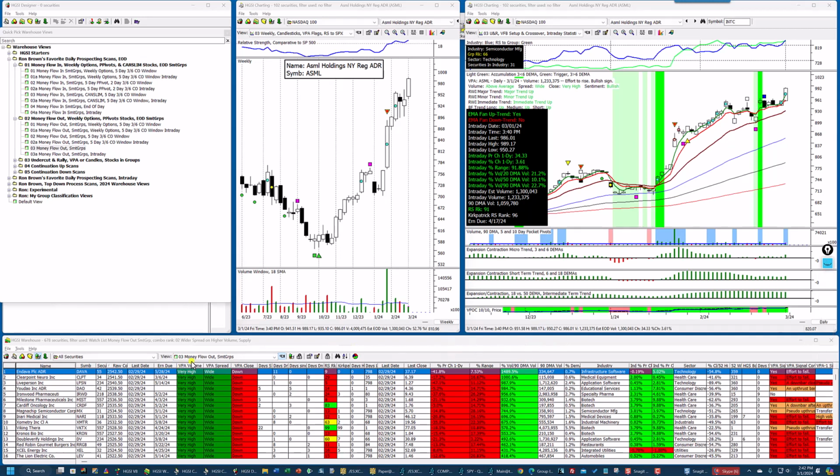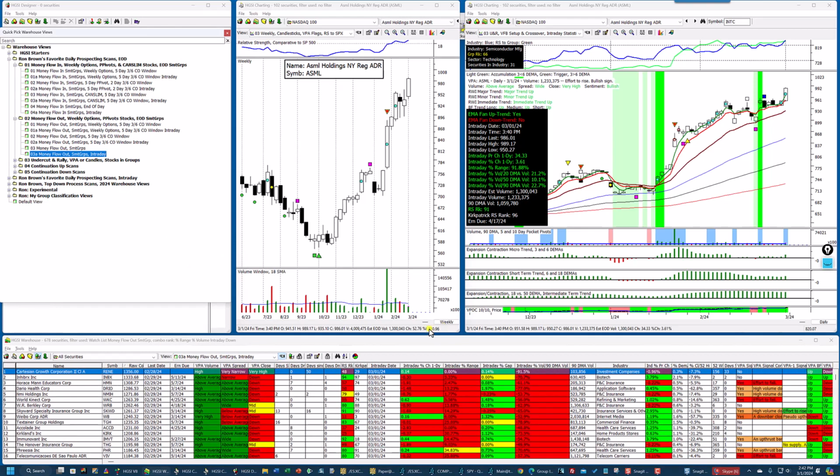Now, if I go to the intraday, this will show me which of these stocks continued down. If they're still going down, they're going to be in this column, and they'll be red at the intraday one-day change.